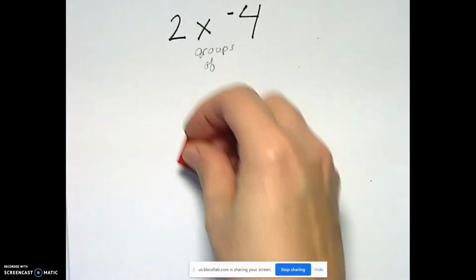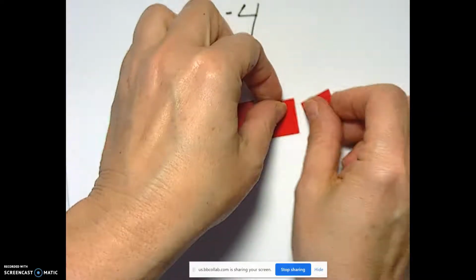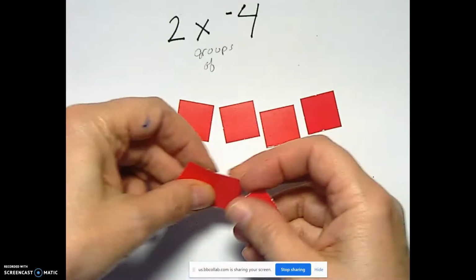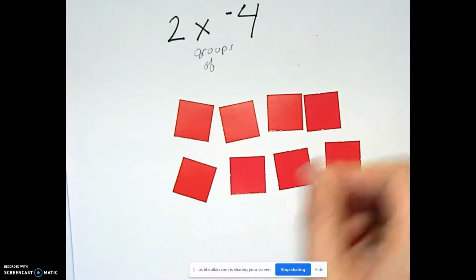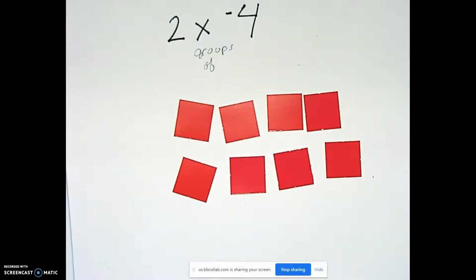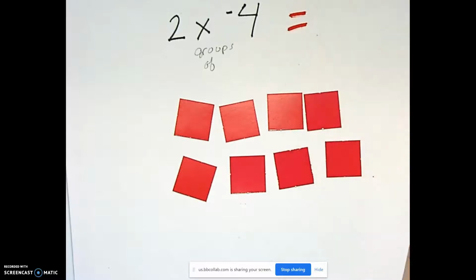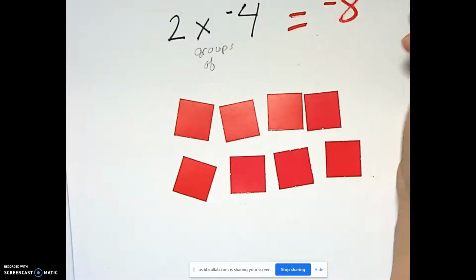So here's a -4. There's 1 group of -4, and next we have another group of -4. So straight away we see that we get a -8. Awesome.